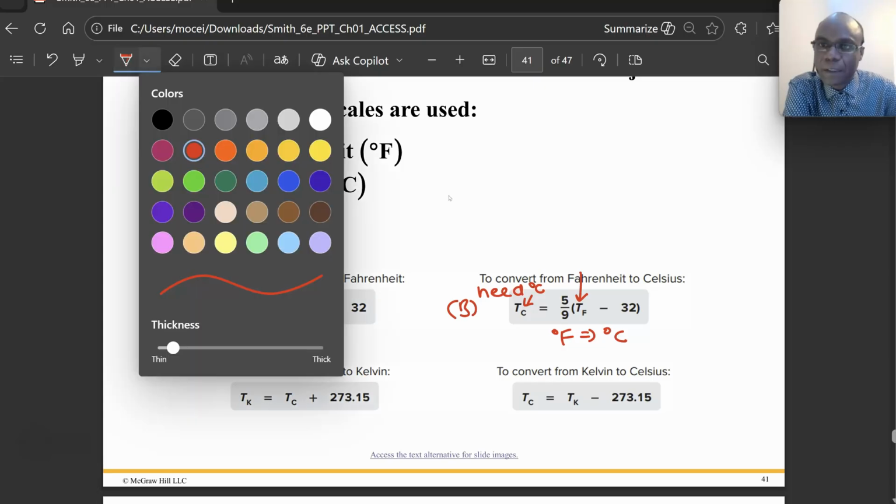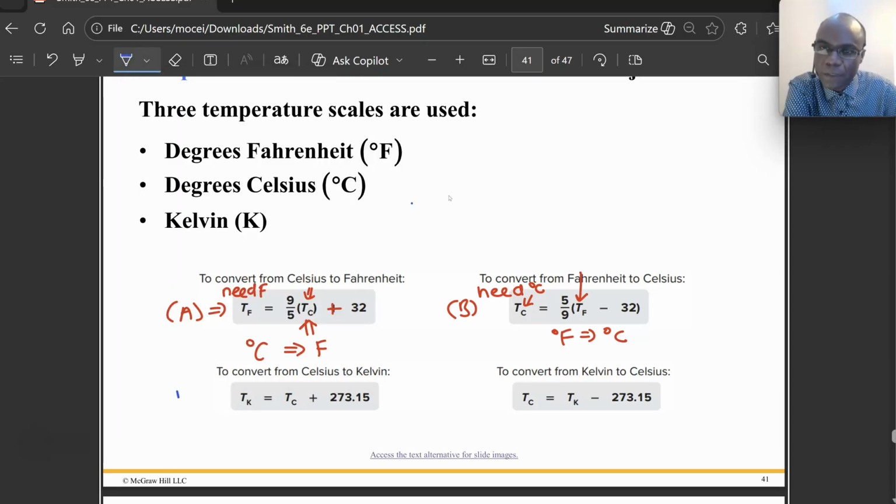On the other hand, case C, if you want to convert degrees Celsius to Kelvin scale, absolute Kelvin scale, you will take your given degrees Celsius and add this constant number 273.15. That's going to give you the Kelvin value equivalent of that degree Celsius.